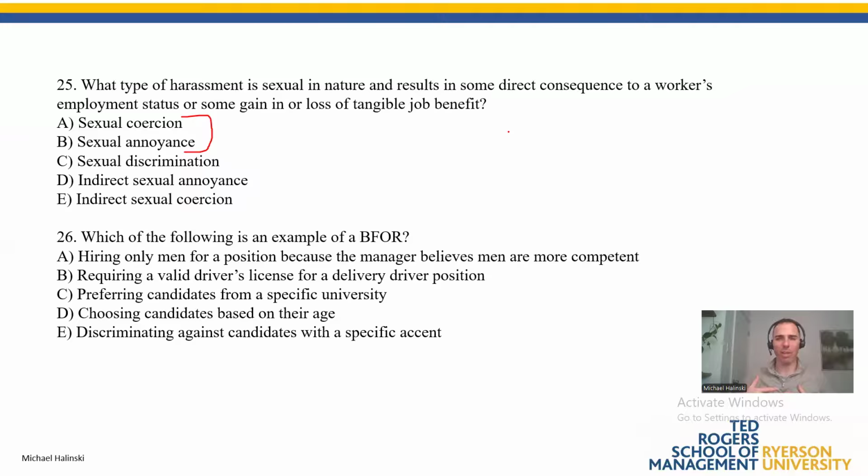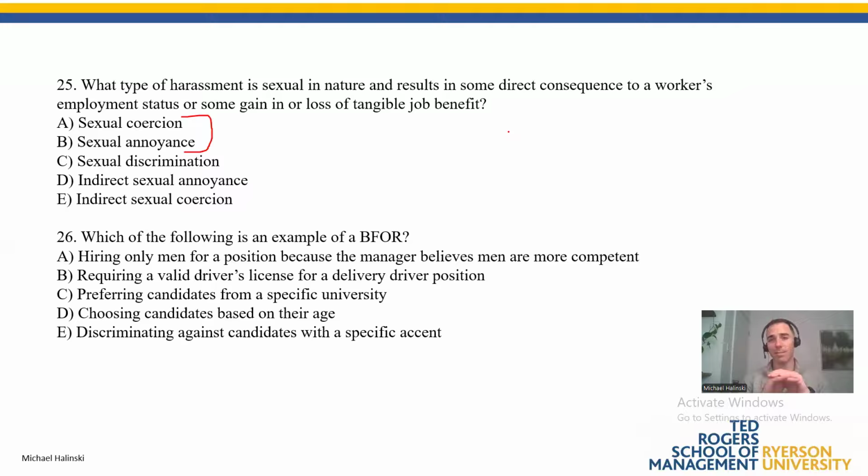If I was a manager in a restaurant, I'm going to give preferential job shifts to a server who's willing to go on a date with me. So I'm giving them shifts where they can make more money in exchange for a date. There is a transaction taking place, and one person gains or loses a tangible job benefit, such as preferential shifts, shift timing, or making more money on tips.